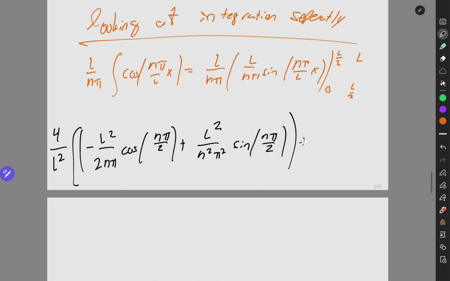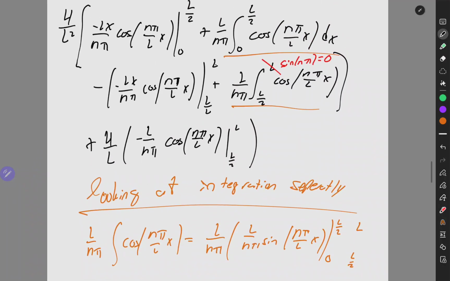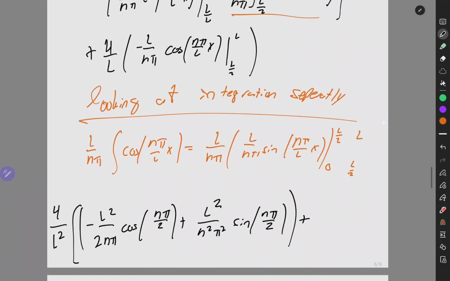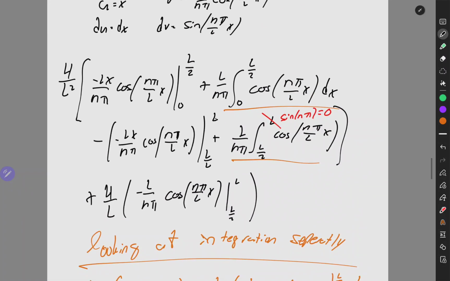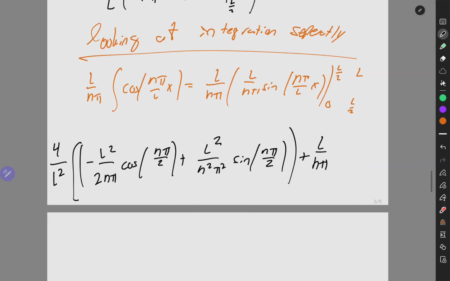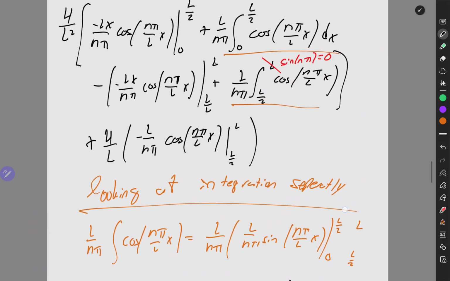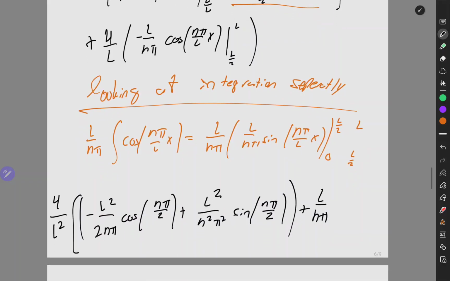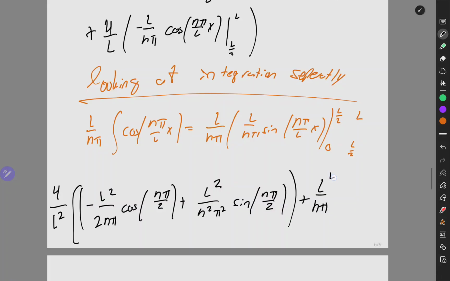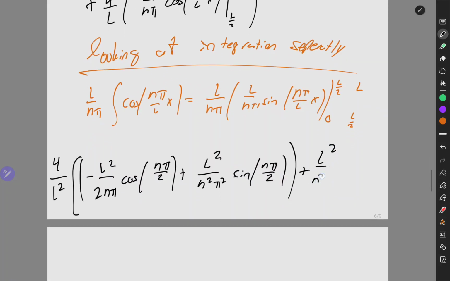Then we can just go ahead and evaluate those. So this is plus. This is from 0 to L over 2 case. We're left with L over n pi. Oh, wait, I'm doing the wrong. Wait, no, we're good. It's L squared over n pi, all squared, isn't it? L squared, n squared, pi squared. Okay, L squared, n squared, pi squared.